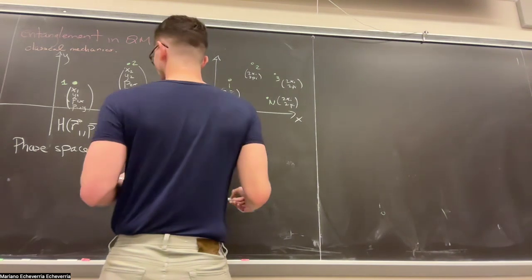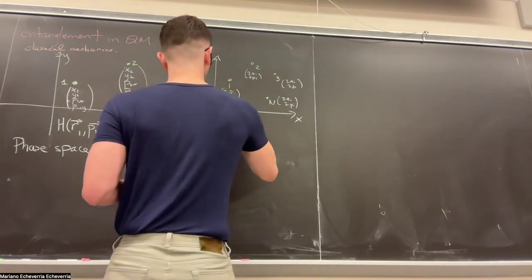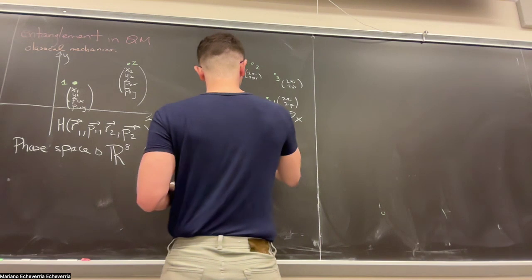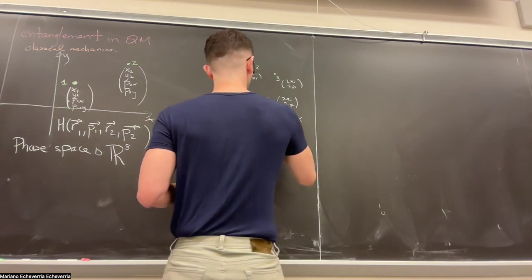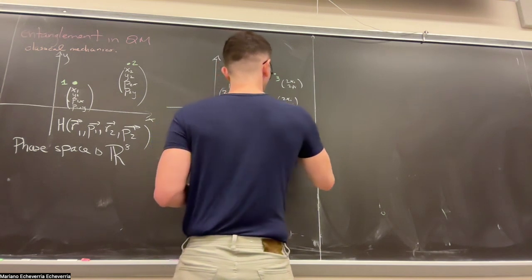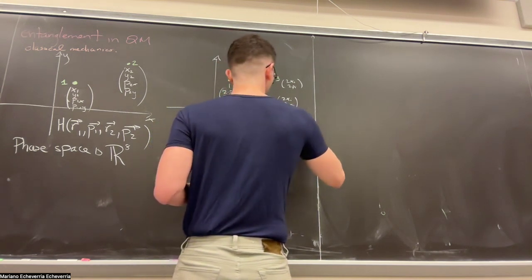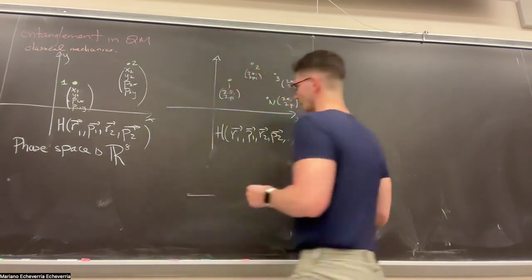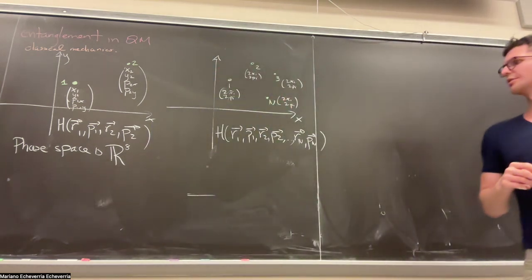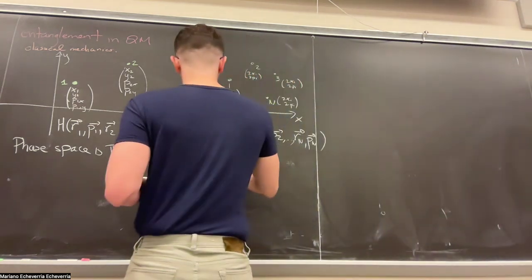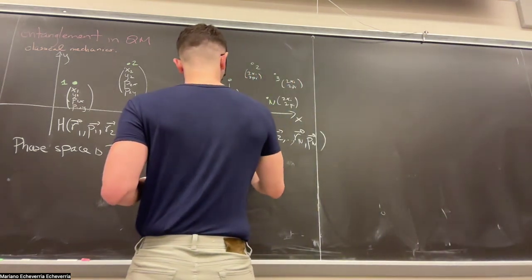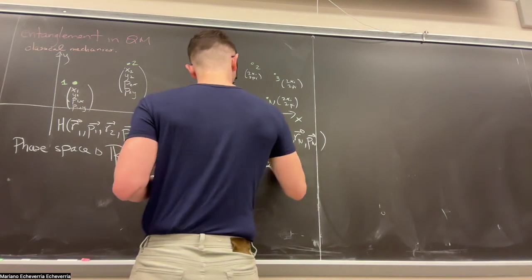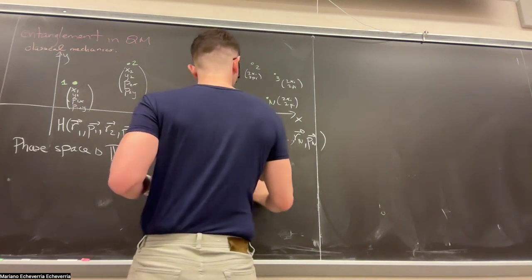So how many things do you have to specify here? The Hamiltonian will depend on the position of the first particle, the momentum of the first particle, the position of the second particle, the momentum of the second particle, and so on, up to the position of the Nth particle and the momentum of the Nth particle. Also, the phase space is going to be R to the what?